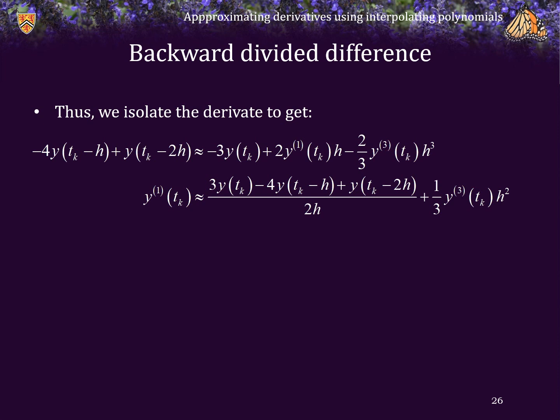Not always true, but it's good enough for the purposes where you have a system that deals with momentum. Notice again that this formula is order h squared.